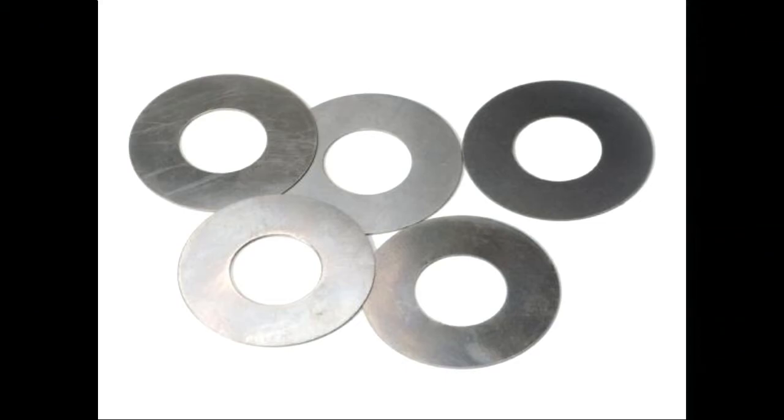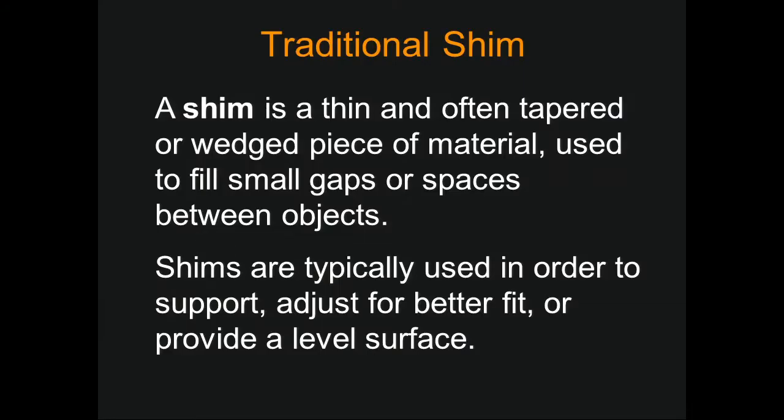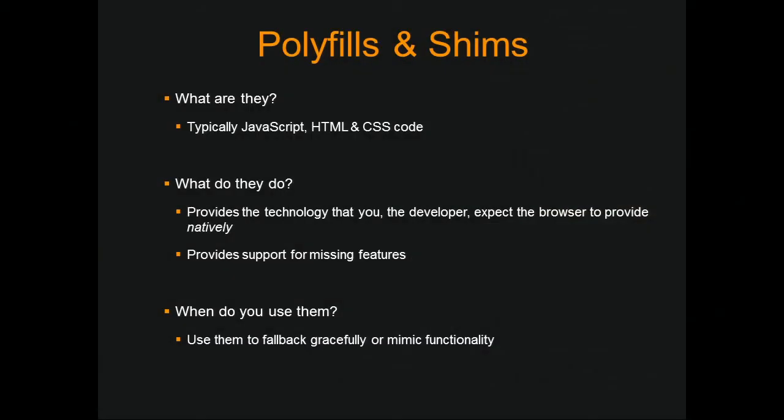Wikipedia had a really great explanation of what a shim is. A shim is a thin and often tapered or wedge piece of material used to fill small gaps or spaces between objects. I looked at this and I said, that is such a great explanation of what polyfills and shims do. Basically, they help fill in those gaps where HTML5 is missing in non-modern browsers.